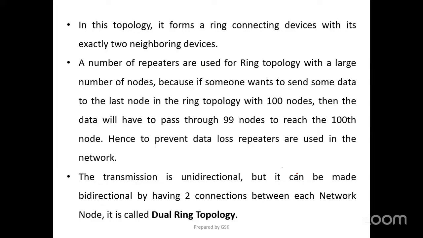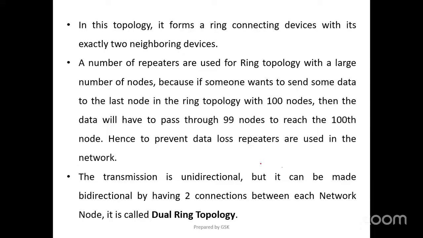Node 1 is the first station, node 100 is the last station. Now I want to transfer the data from node 1 to node 100. You can imagine it takes a lot of time, right? Because it needs to pass through node 2, node 3, node 4, and so on up to node 98, 99, and then it reaches node 100. So there is a chance the strength of the signals decreases. That's why we use repeaters here.